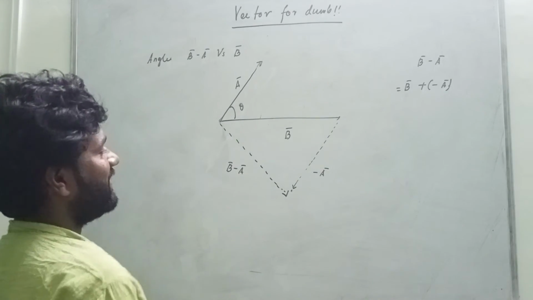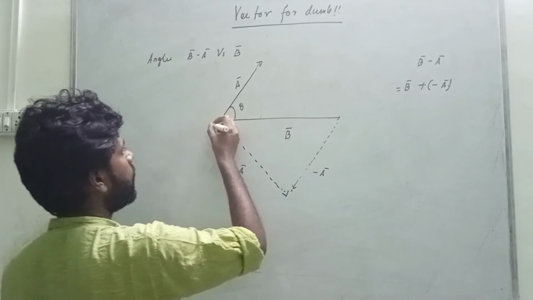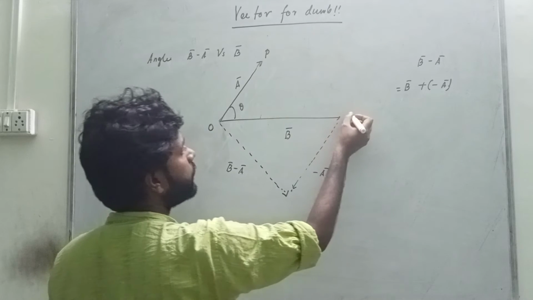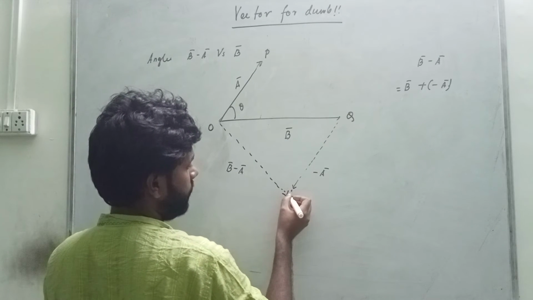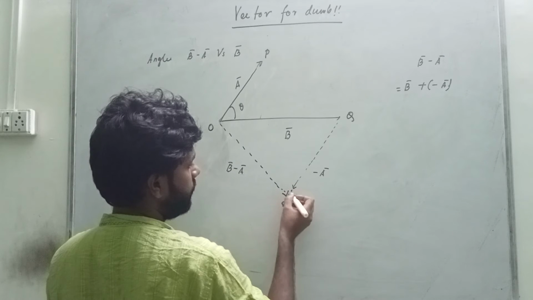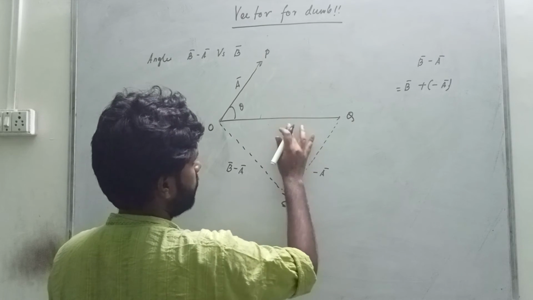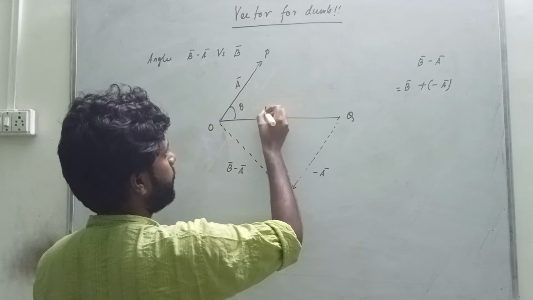So just name it O, P, Q, S, and just draw a perpendicular from this point to this point. This is vector B.